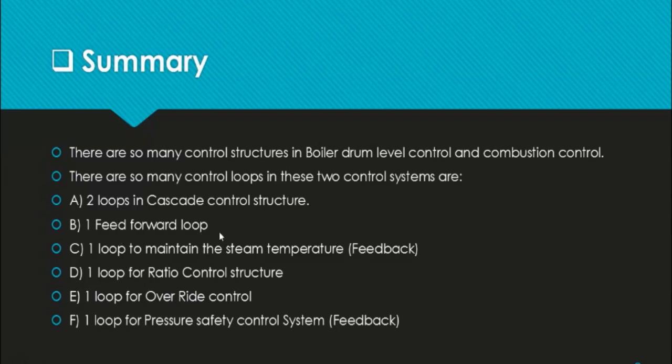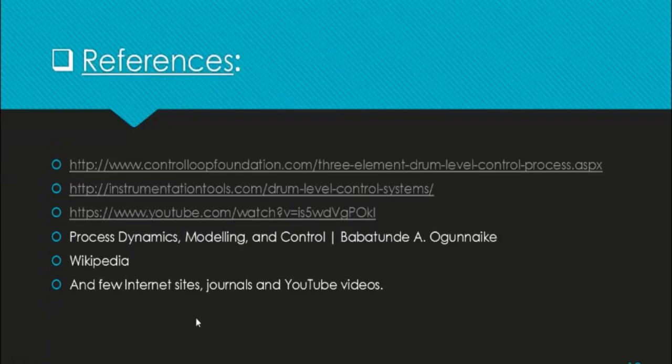And one feed forward loop, one loop to maintain the steam temperature which is feedback, one loop for ratio control structure, one loop for override control, and one loop for the pressure safety control system which is also a feedback loop. In total we have 7 loops. We also discussed the 3-element control structure, which is nothing but cascade control structure plus feed forward loop.